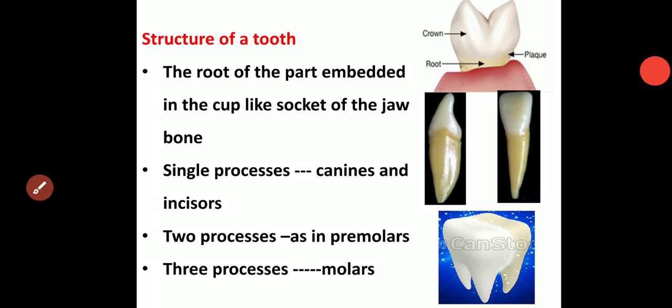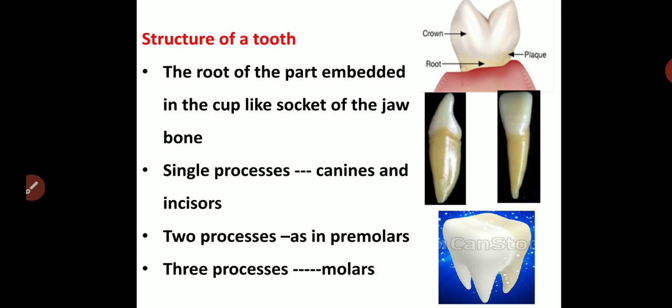Now see the structure here. Root: the root is the part of the tooth that is embedded into sockets or alveoli, that is, pockets in the jawbone. The number of roots differs depending upon the type of the teeth. As we already discussed, the incisors and canines have a single root.